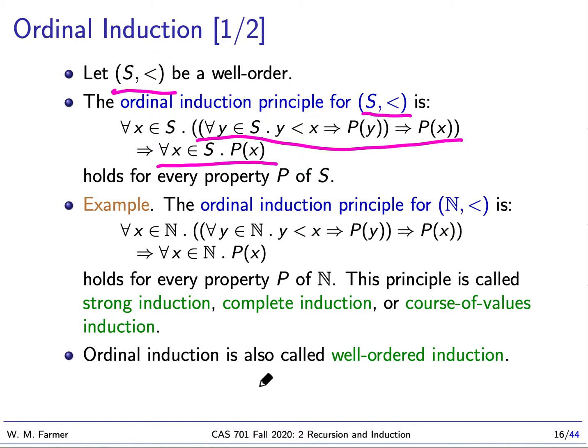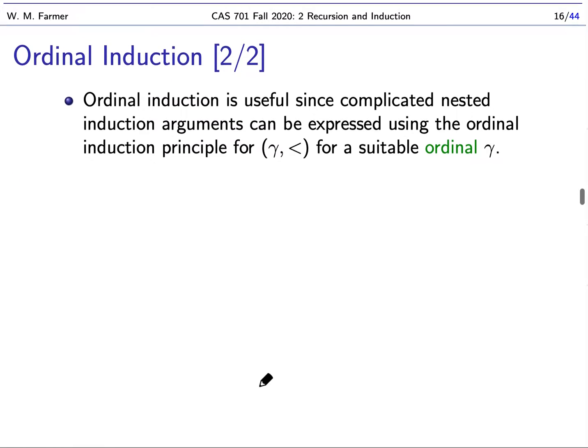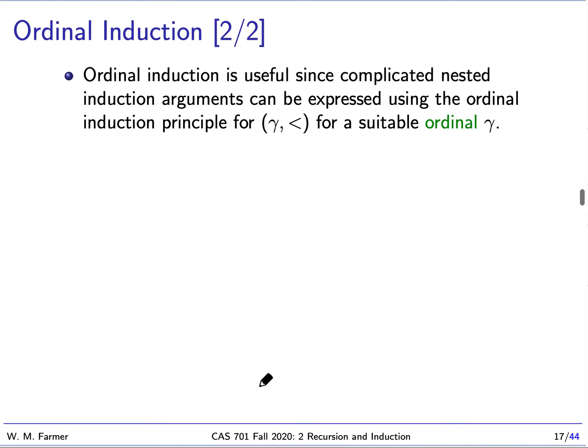And ordinal induction is also called well-ordered induction. So the real reason we're interested in ordinal induction is because of this statement here. Ordinal induction is useful since complicated nested induction arguments can be expressed using the ordinal induction principle for gamma less than some suitable ordinal.